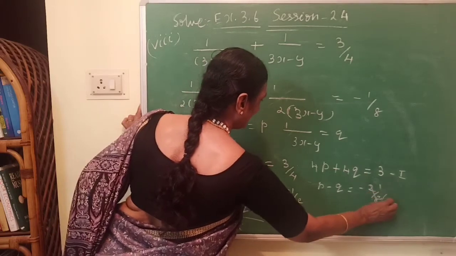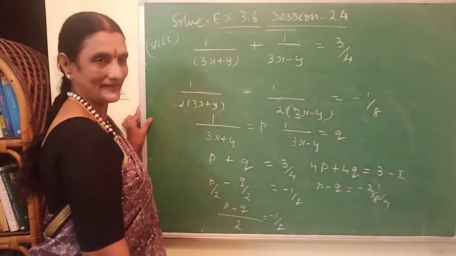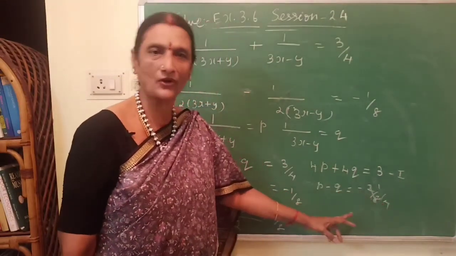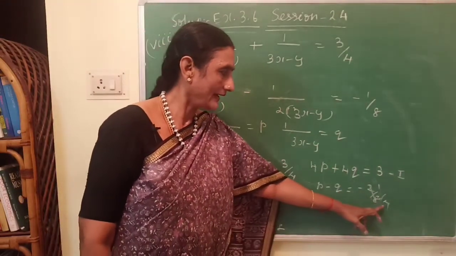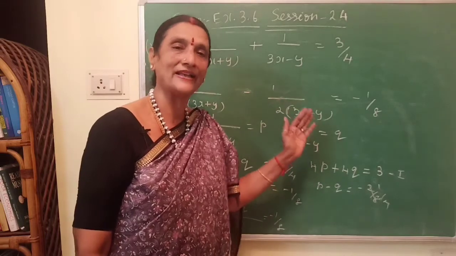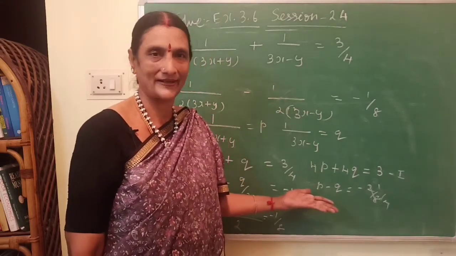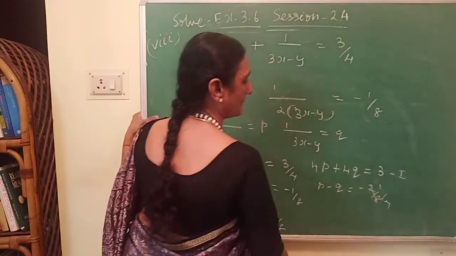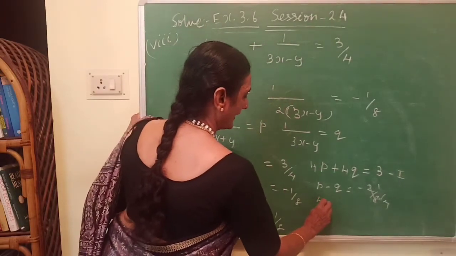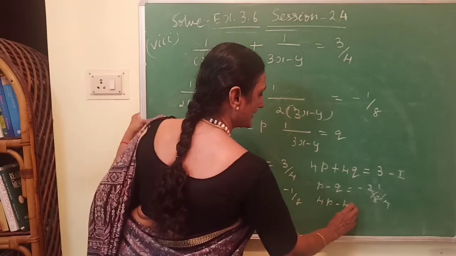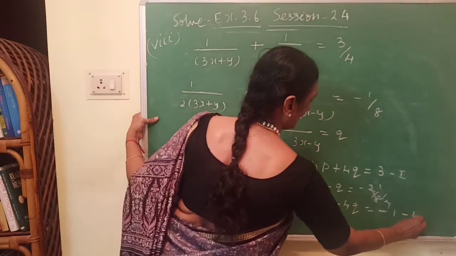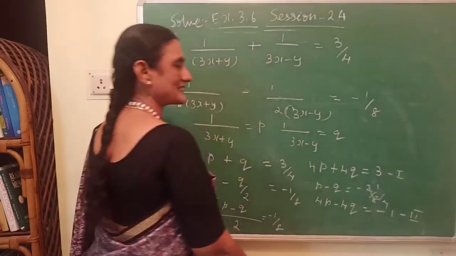Still there is a fraction which you have to balance. How do we balance? Multiply the whole thing by 4, once again all the 3 terms. Otherwise you take the LCM as 4. Anyway, you can interpret. Okay. So if you multiply all the 3 terms by 4, you will get 4p minus 4q is equal to minus 1. This is equation 2. Are you understanding?